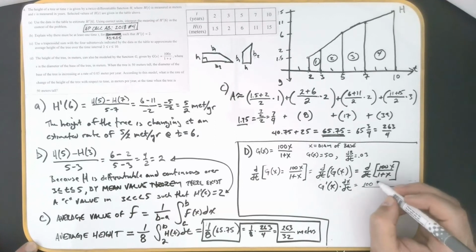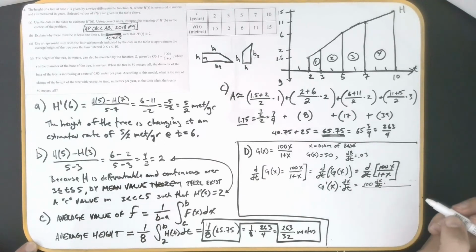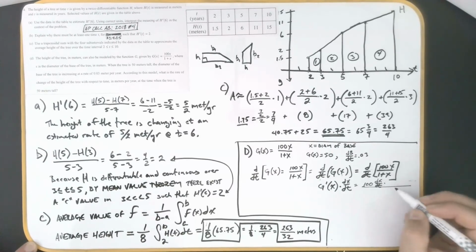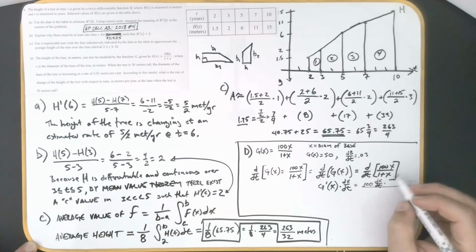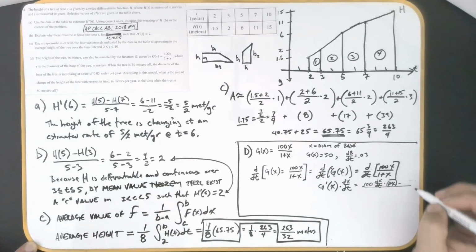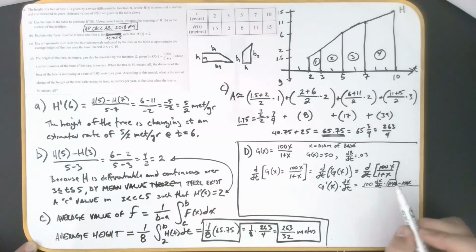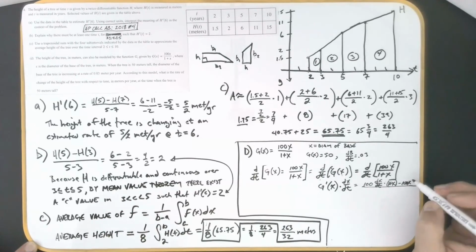No, so I have to represent with dx/dt times the derivative of the top, 100, times the bottom, 1 plus x, minus the top, 100x, times the derivative of the bottom. Now the derivative of the bottom is just 1, but again my variables didn't match, so I'm going to represent with dx/dt.